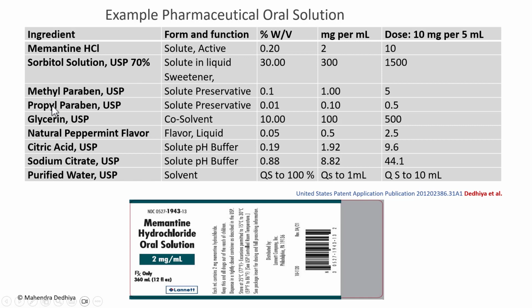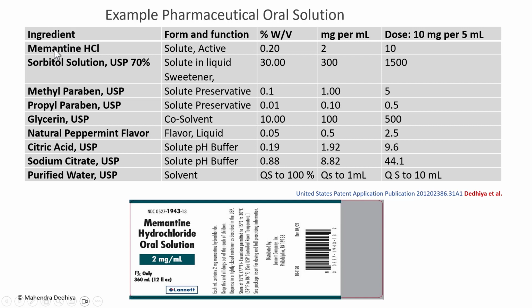Methylparaben and propylparaben are listed in USP and they are approved by FDA for their intended use. These are also solutes. Glycerin USP is a co-solvent. There's a flavor that's in a liquid form. Citric acid and sodium citrate adjust the pH and buffer. Those are solutes, and purified water is a solvent. So there is water in sorbitol solution.